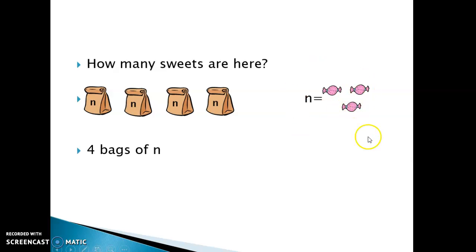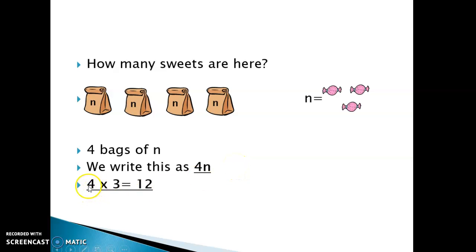Okay, so N equals 3, and now we have 4 bags of N. 4 bags of N can be written as 4N, which is the same as 4 times N. So it's 4 times 3 equals 12. We substitute N with 3. 4 times 3 equals 12.